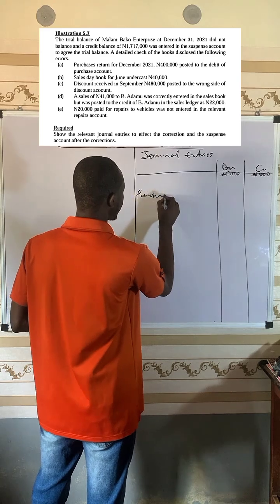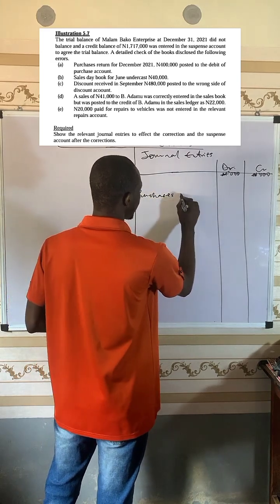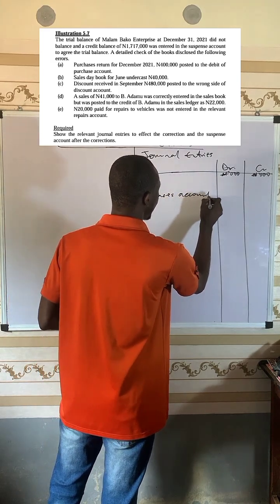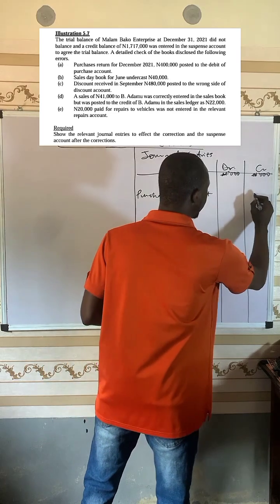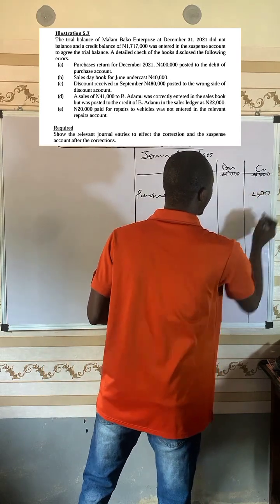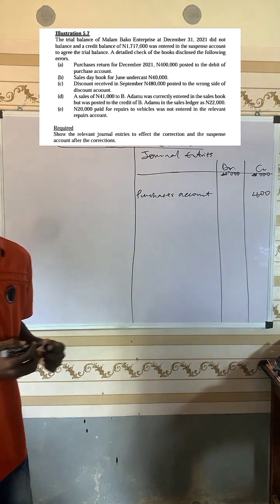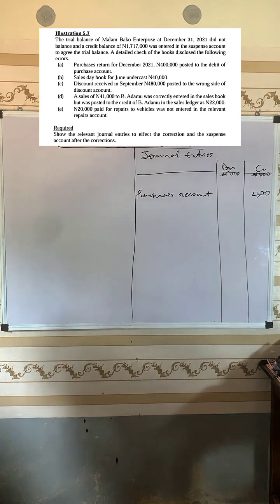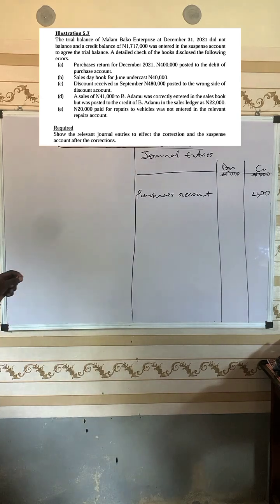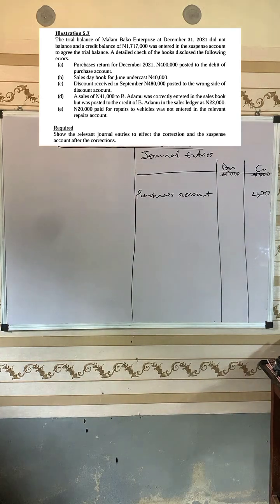Purchases account. We have to credit it by 400,000. We have reduced our figure by 1,000. So when we have credited our purchases account, we have removed the error from the purchases account.